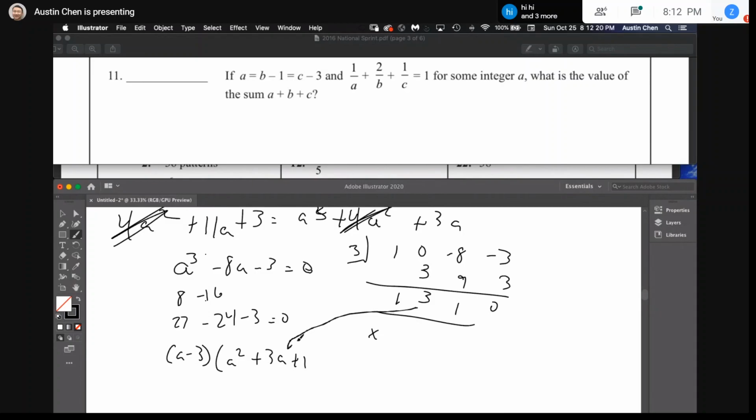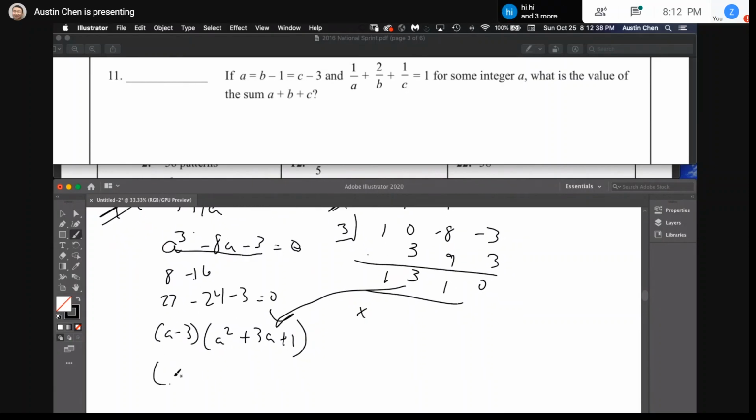So these numbers correspond to those coefficients. And if you guys don't know how synthetic division works, these are the coefficients of the polynomial you're dividing. This is the root. Basically you have to be dividing by something like x plus c. You can't have any coefficient on x, and it has to have a degree of 1.